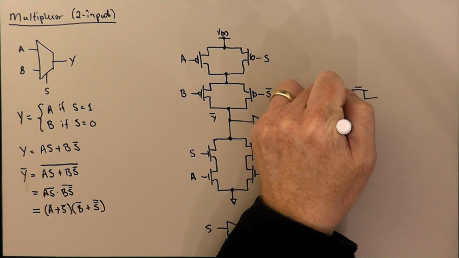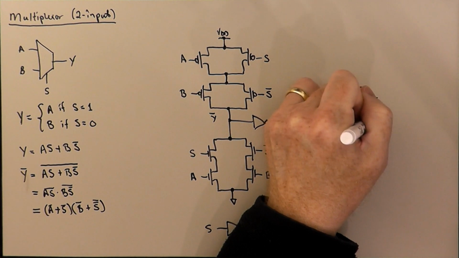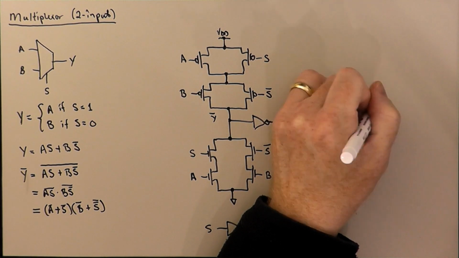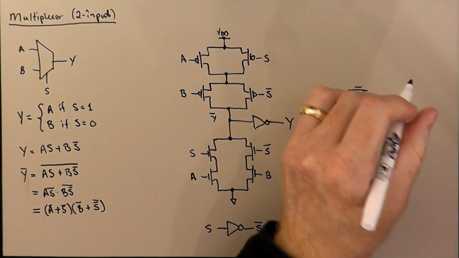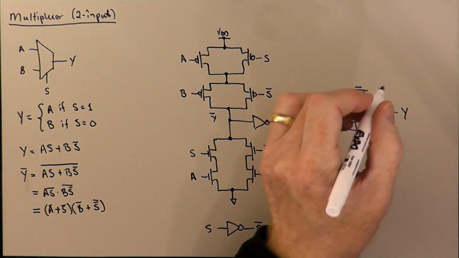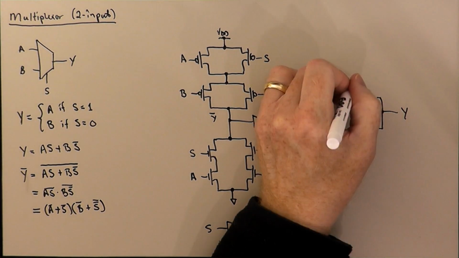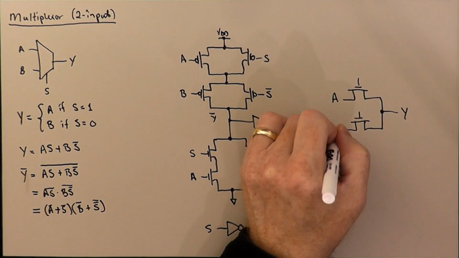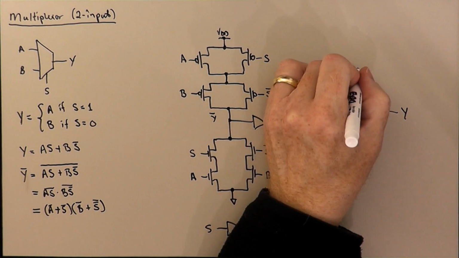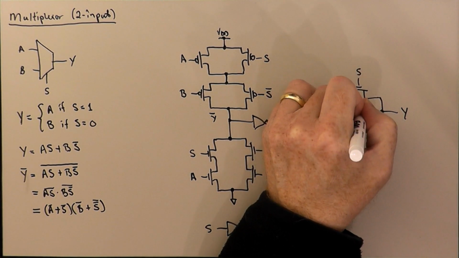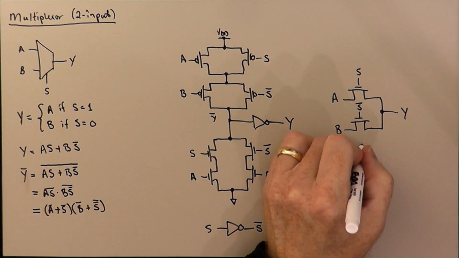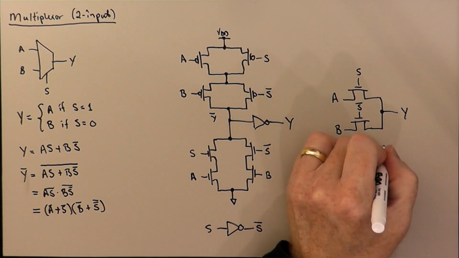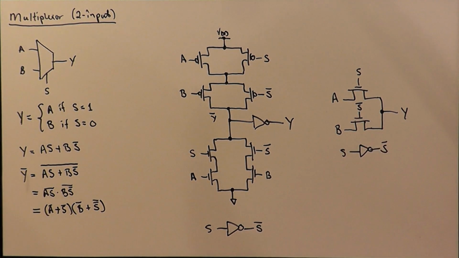So I have two MOS transistors. I wire their right-hand sides together, and I call that Y. I put A in here, and I put B in here, put S in here, and S bar in here, and of course I have to have my S inverter to generate S bar.